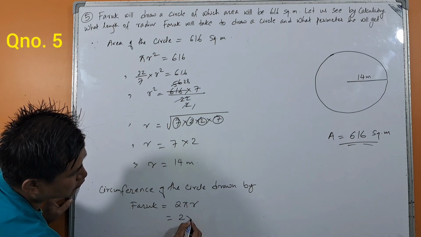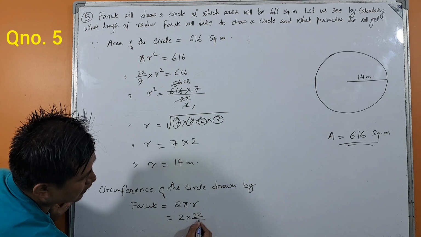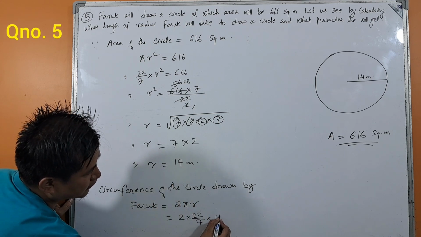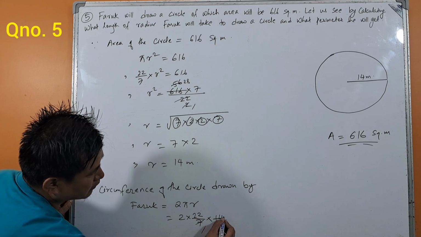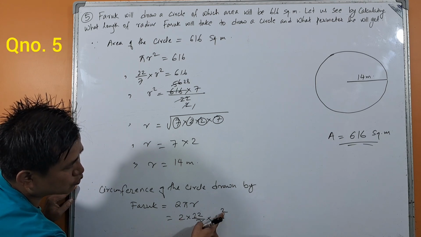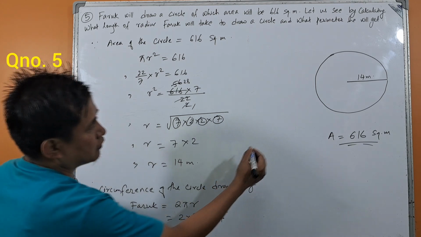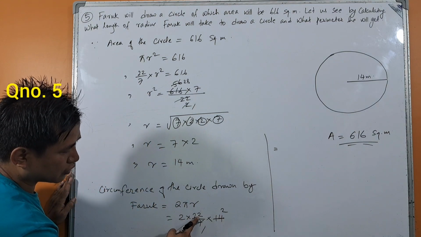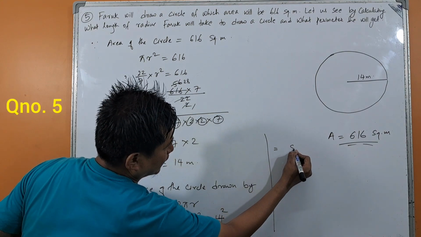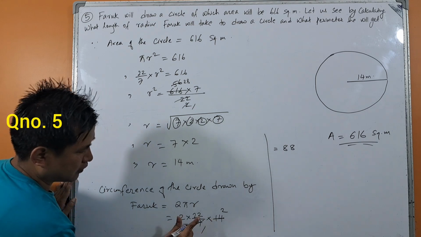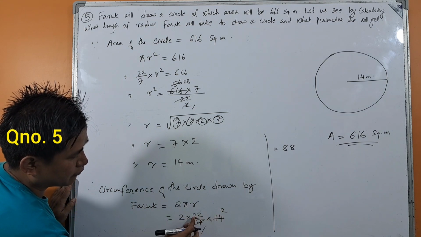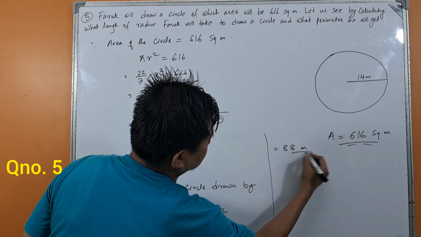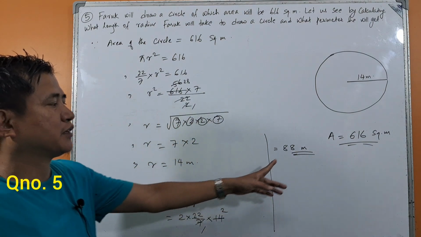So 2 into pi means 22 by 7, into r. r is 14. 7 1s are 7, 7 2s are 14. So 2 into 2 is 4, 4 into 22 is 88 meters. So the circumference of the circle drawn by Farooq is 88 meters.